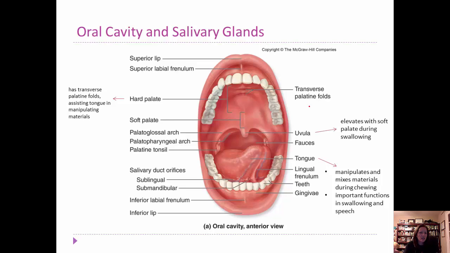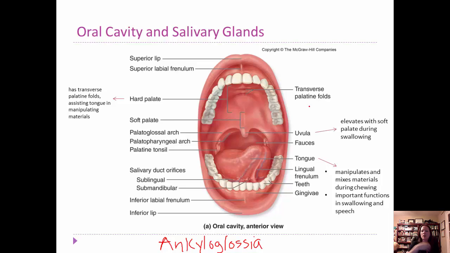Some people's doesn't, and they are going to be tongue-tied, where they can't stick their tongue out very far. There's actually a name for it called ankyloglossia. I know it sounds like a dinosaur. Anytime you see that word glossa, that has to do with the tongue, or lingual as well.